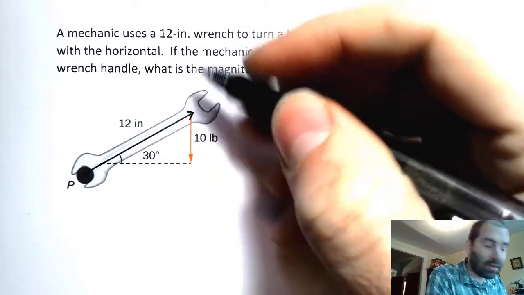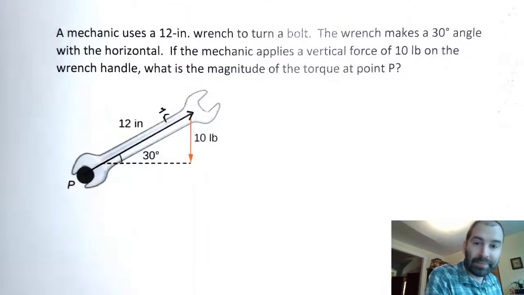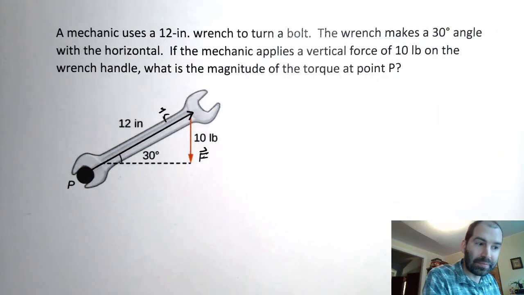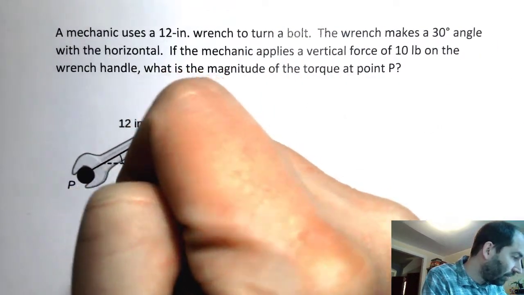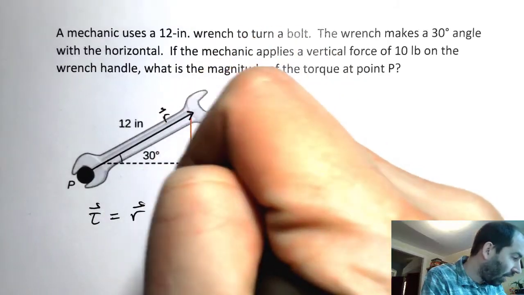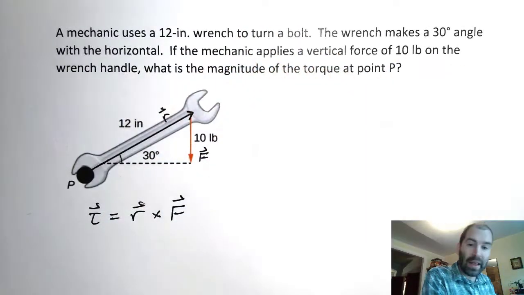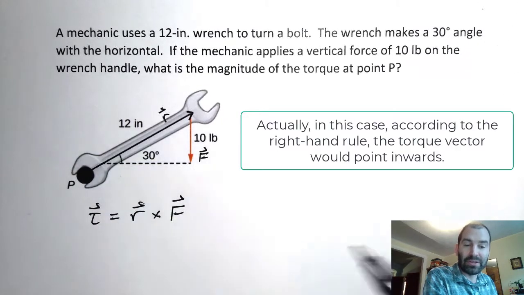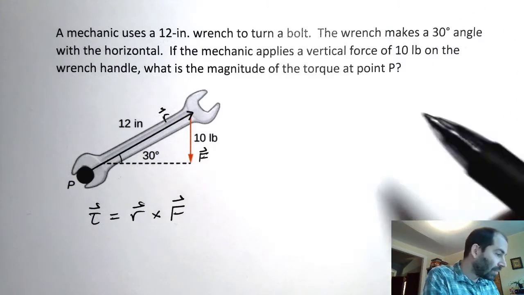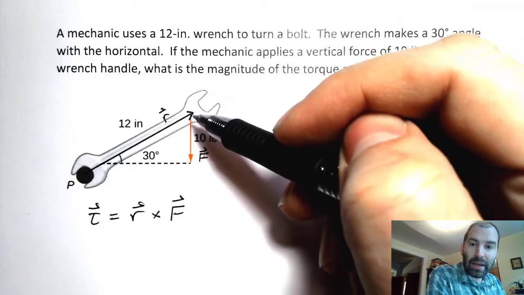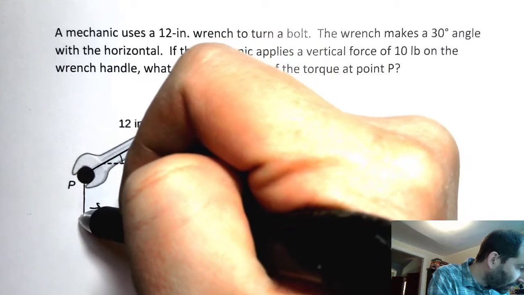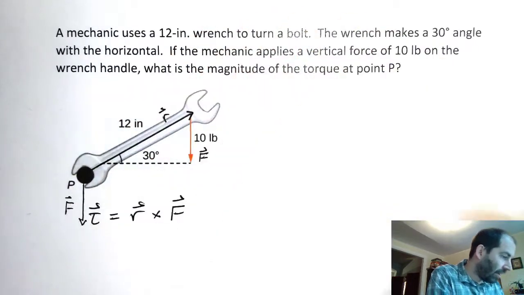This is where we're pushing it down, and we call that vector R, and we call our force vector F. Then the torque vector is given by R cross F, and so the torque vector actually sticks outwards, orthogonal to these two vectors. All right, so what we should do is translate this F vector down over to here. We'll put it over there.